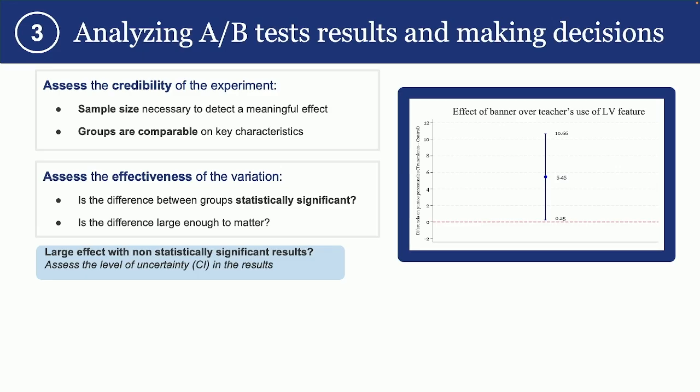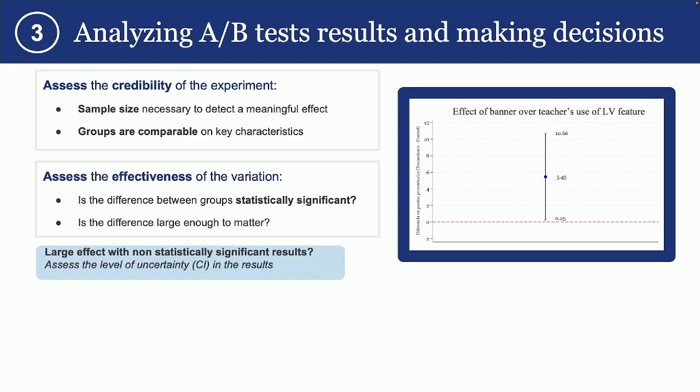So here's where I show you the result. And there's two things, which I think are kind of intuitive. One, how credible is the result? So how compelling is the result in terms of the confidence interval, the width of the confidence interval, how far away it is from a null result, and the comparability of the groups.